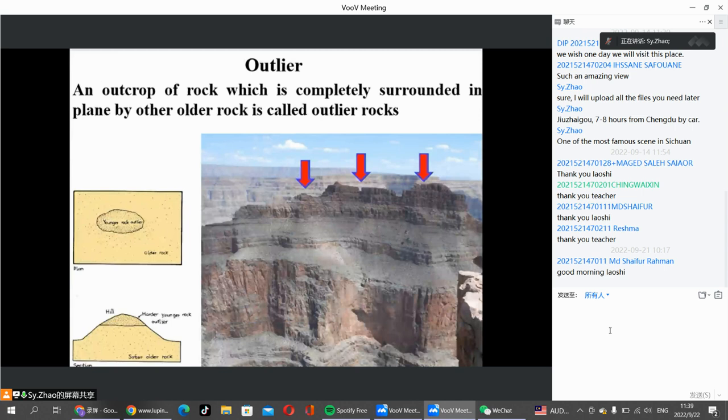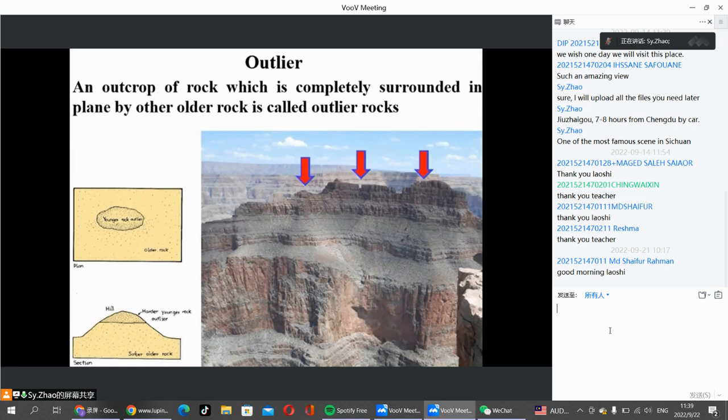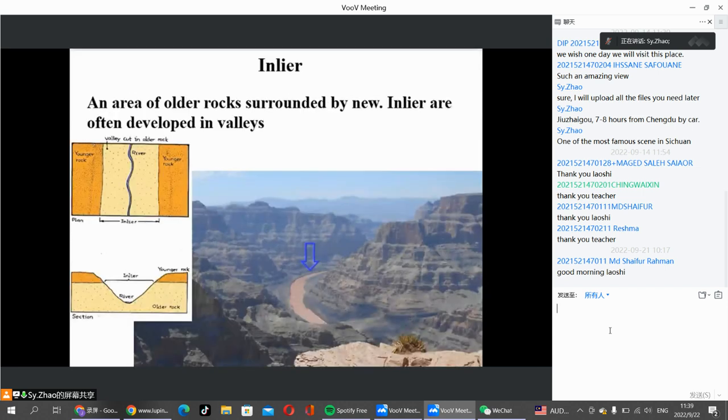Okay, and the outlier. An outcrop of rock which is completely surrounded in plain by other older rock is called outlier rocks. So to put it another way, if we observe this rock from the air, we can see the young rocks surrounded by old rocks, and this is usually due to either an eroded syncline or a hill.